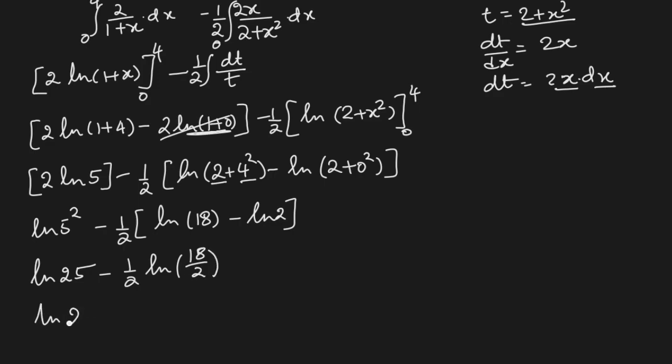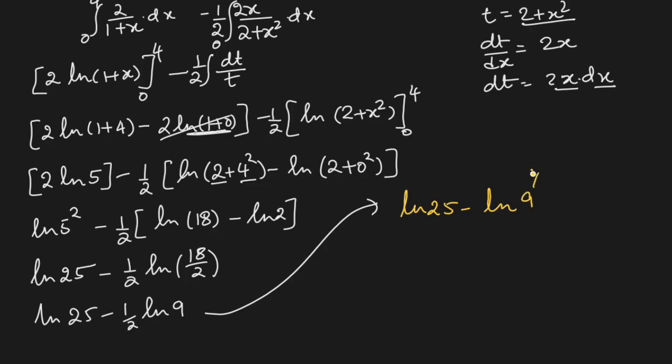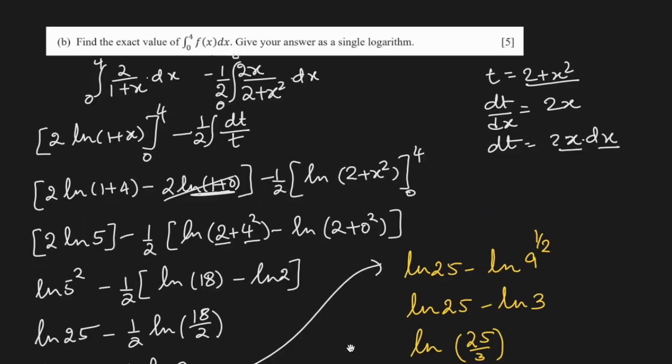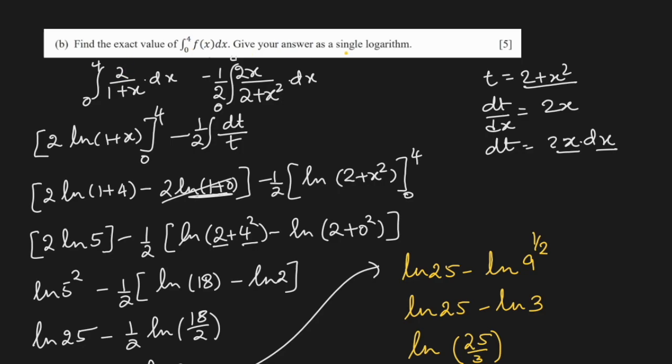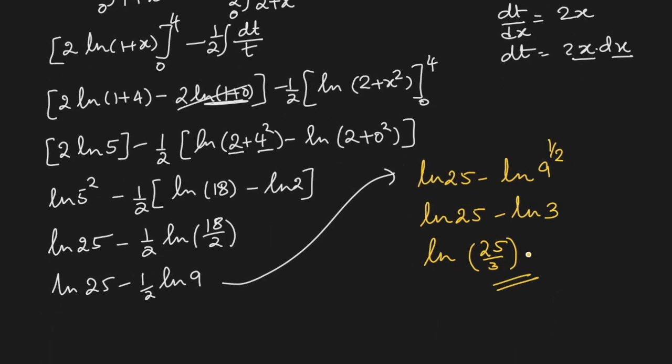So ln 25 minus half ln 9, which we can write here as ln 25 minus 9 to the power half, and natural log 25 over 3 by logarithmic laws. And this is the exact value, that's what they said, right? Exact value of this. Give your answer as a single logarithm, and we have given it in a single logarithm.